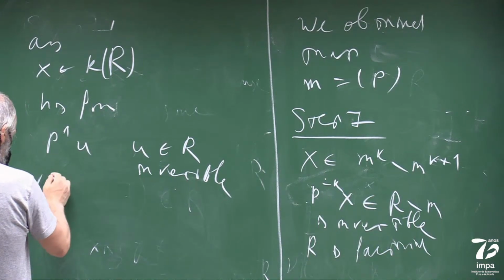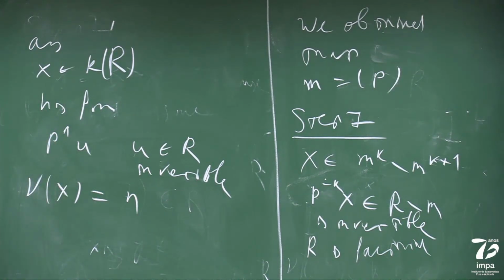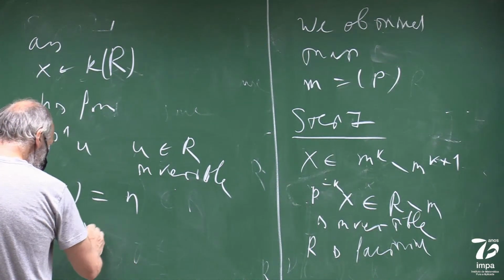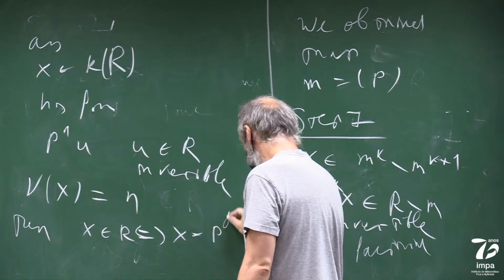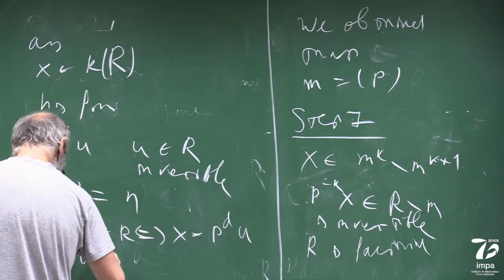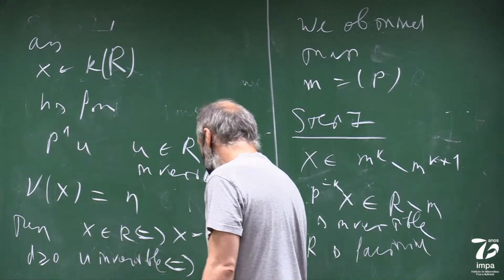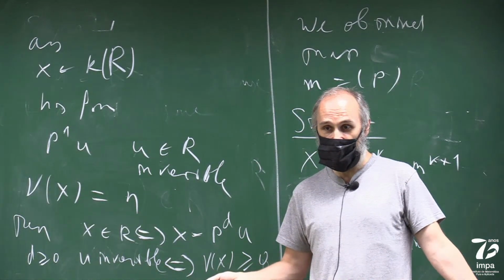And we define nu of x as n. Under these assumptions, x is inside R if and only if x is p^d times u, where d is non-negative and u is invertible. And this happens if and only if nu of x is non-negative. So the proof is finished.